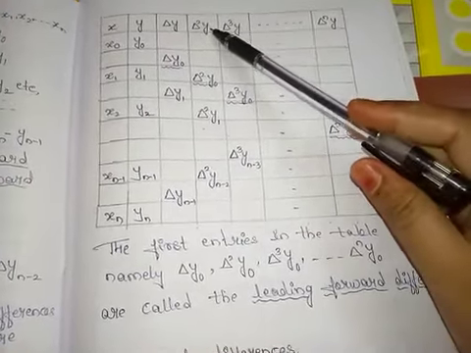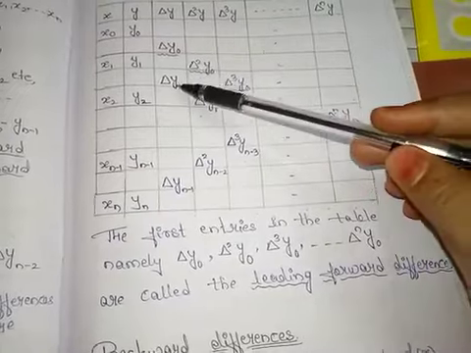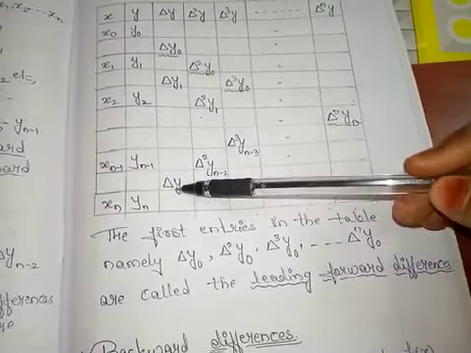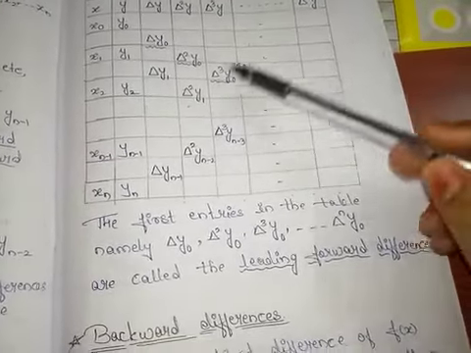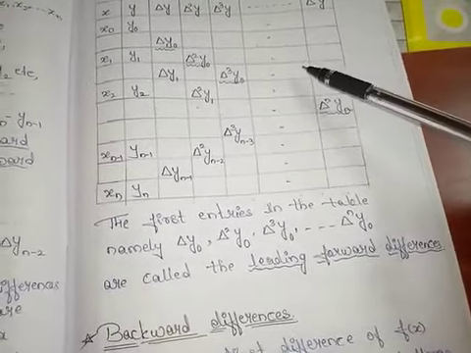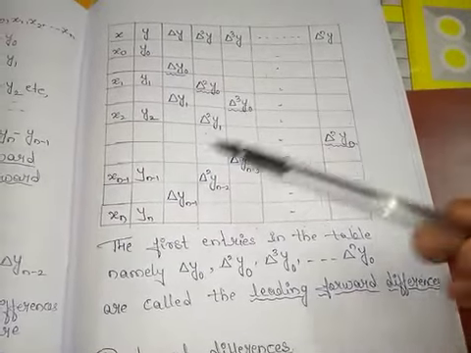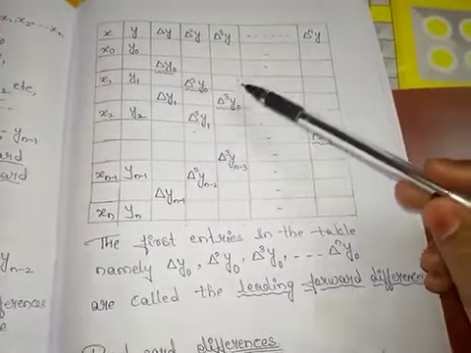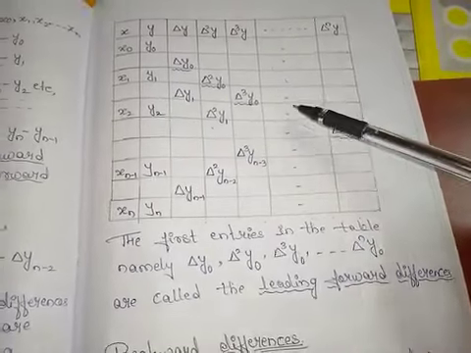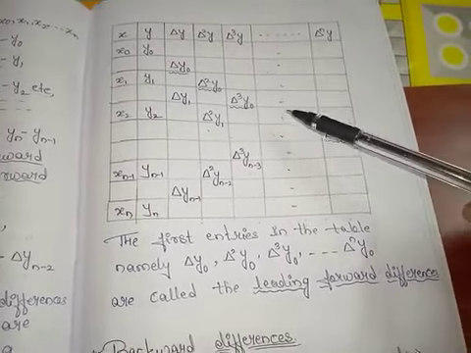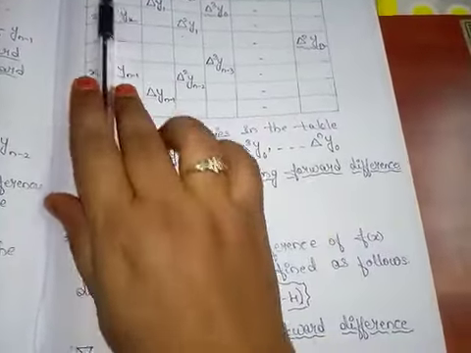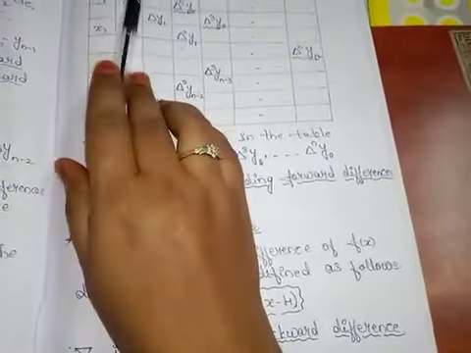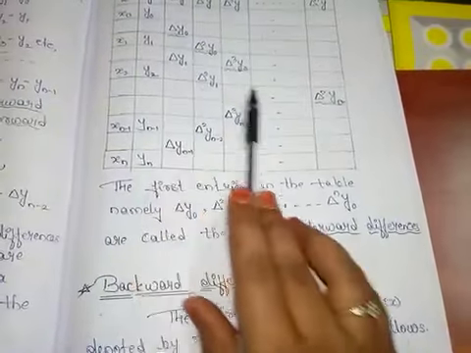For the second order difference, we take the difference of these two, and similarly for other values, and similarly for third and so on. This is the forward difference table. The tabular arrangement of all these differences is called the forward difference table. In all the tables we have to consider the first entries.